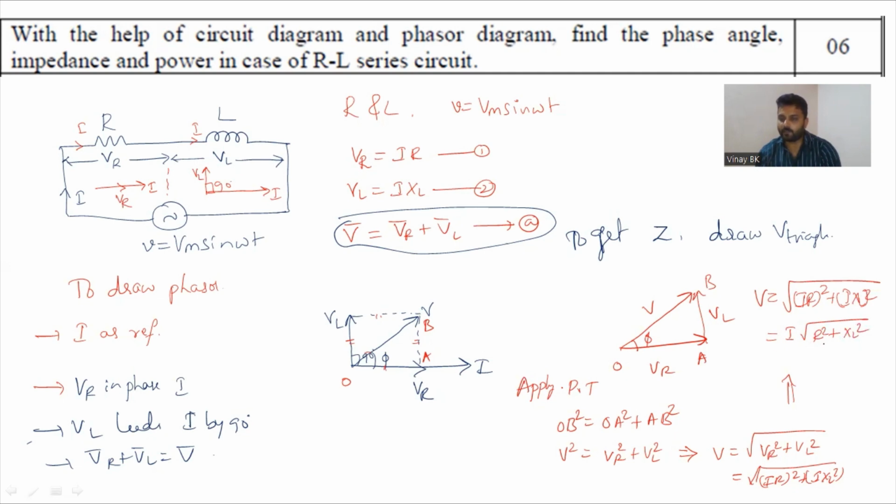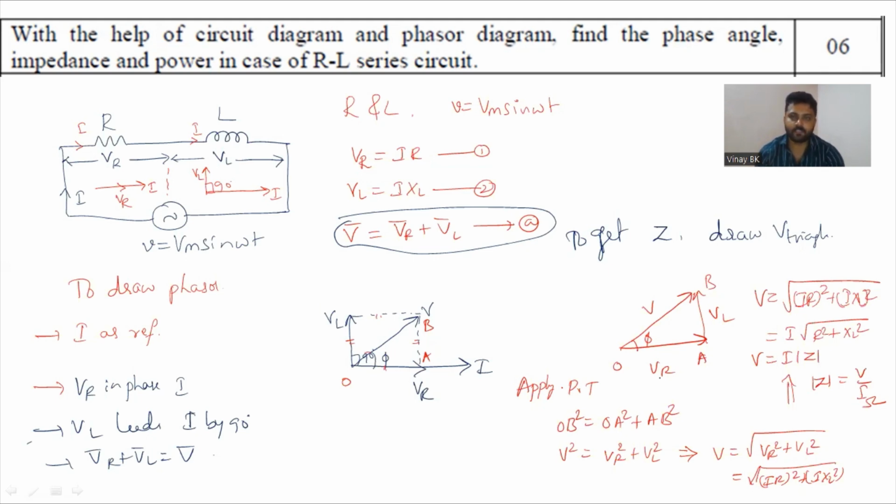This square root of R square plus XL square is nothing but impedance. So you get V equals I into Z, so Z is V divided by I ohms, whereas Z is square root of R square plus XL square.